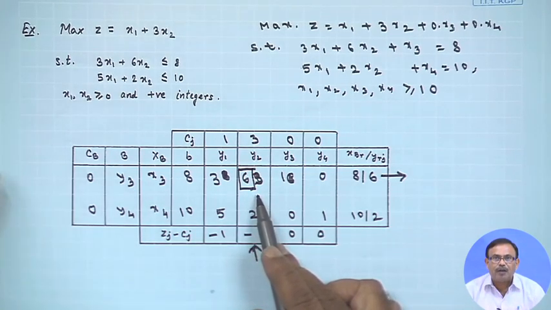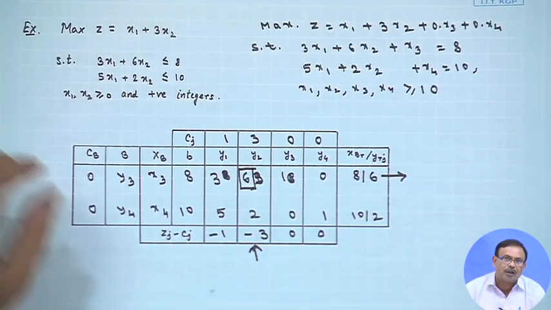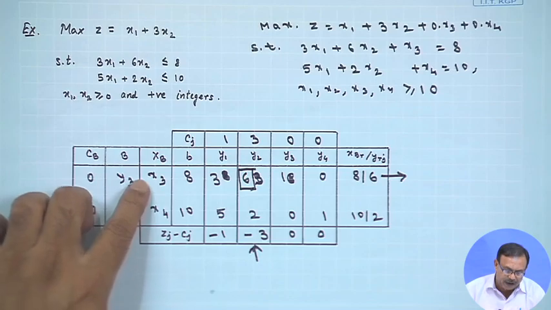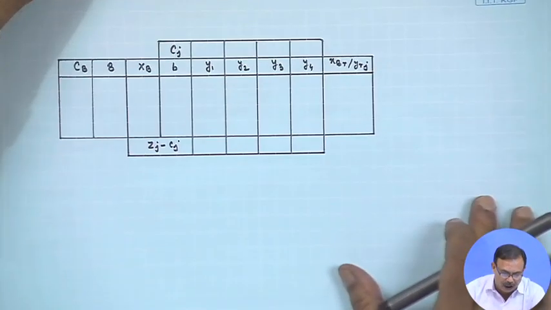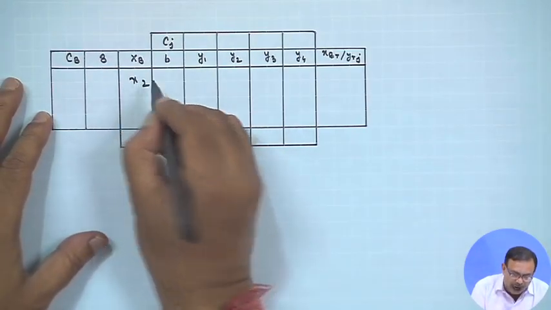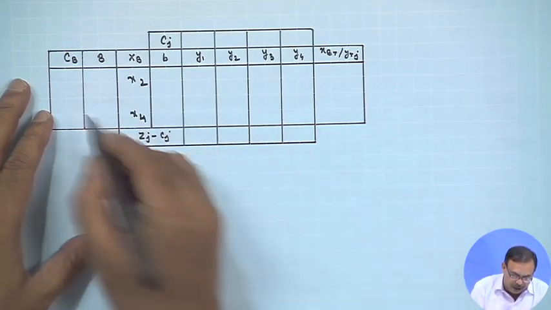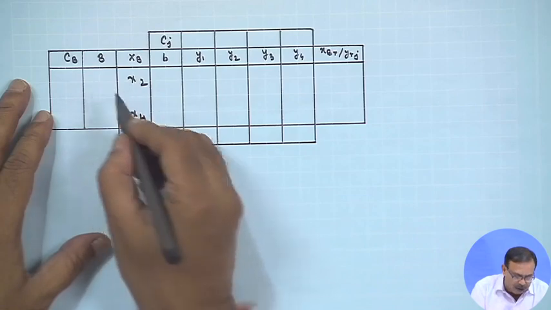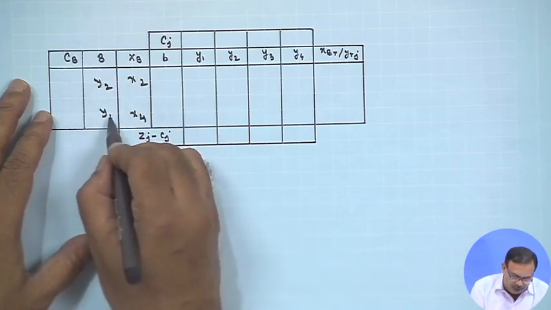So, let us construct the next table where x3 will go out and x2 will enter. So, from here in the table it will now be x2 and x4, because x2 replaces x3. Here it is coming as y2 and y4.